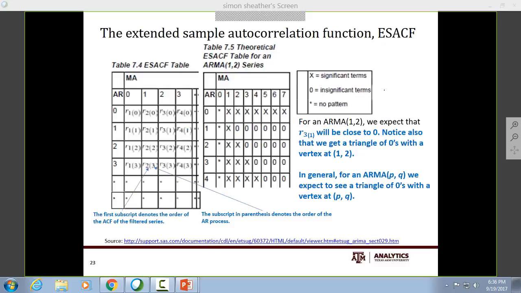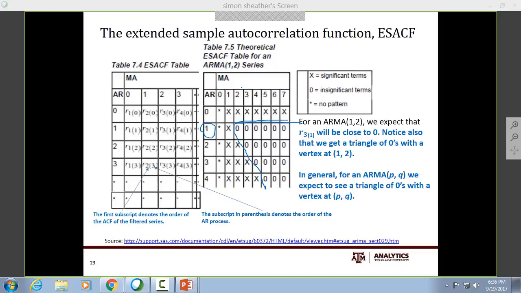So here's an example. If you have a look at this triangle, what we're trying to do here is look at a corner where all the p-values are non-significant. All the p-values are non-significant. So the AR are the rows, that's AR row 1.